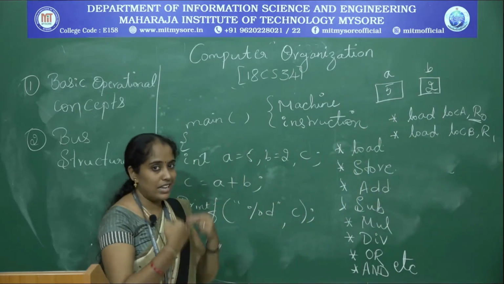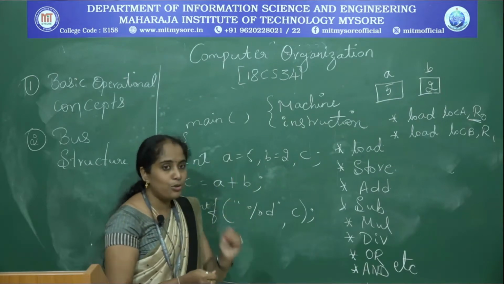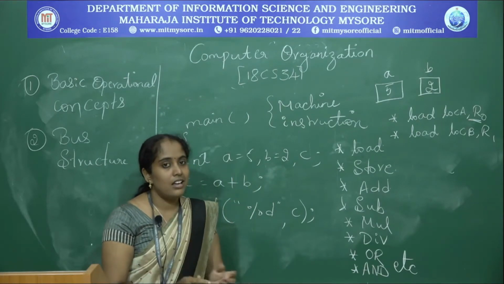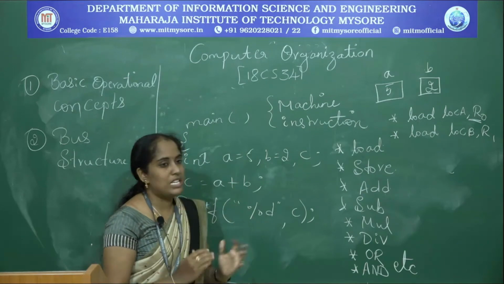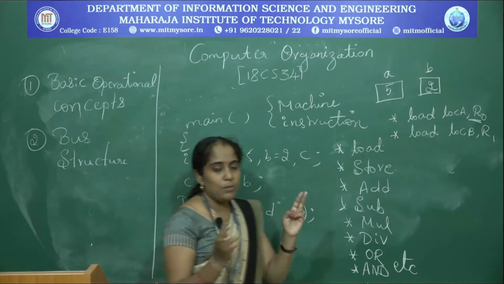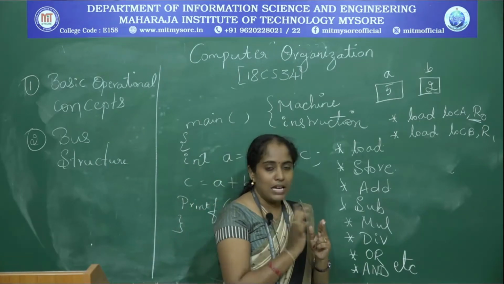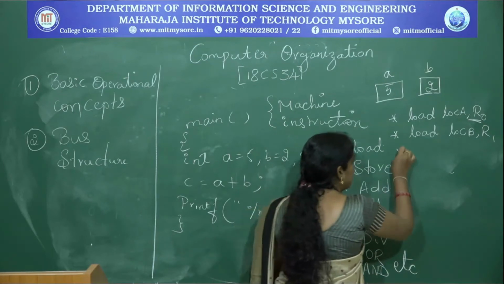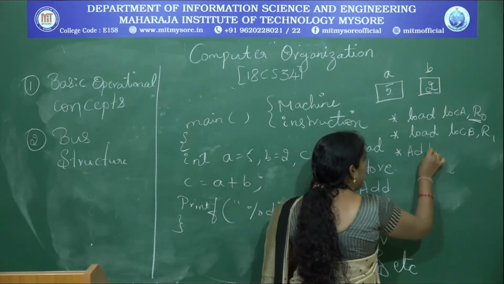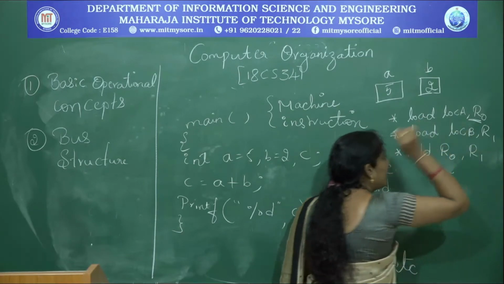So what is the next step? Addition of two numbers. Now the values 5 and 2 are in the registers. They will be sent to the processor's ALU part and added, and the result will be stored in the main memory. That is the process. Next is the add instruction, add R0, comma R1.